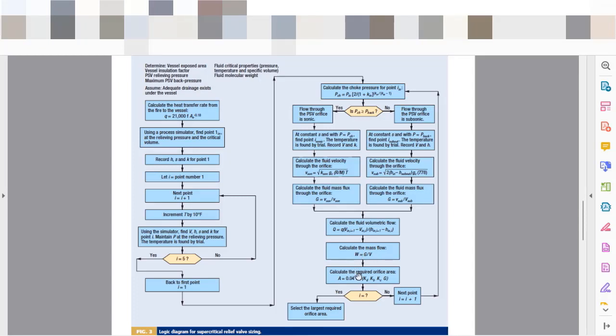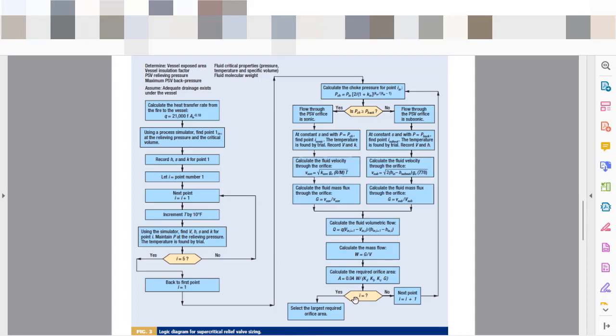With the mass flow and the mass flux and the other constants, using a conversion factor of 0.04 to convert feet squared to inches squared, it's possible to calculate the orifice. Verify that this calculation here for the mass flow is not correct. You need to fix that, and we'll see it in the spreadsheet.